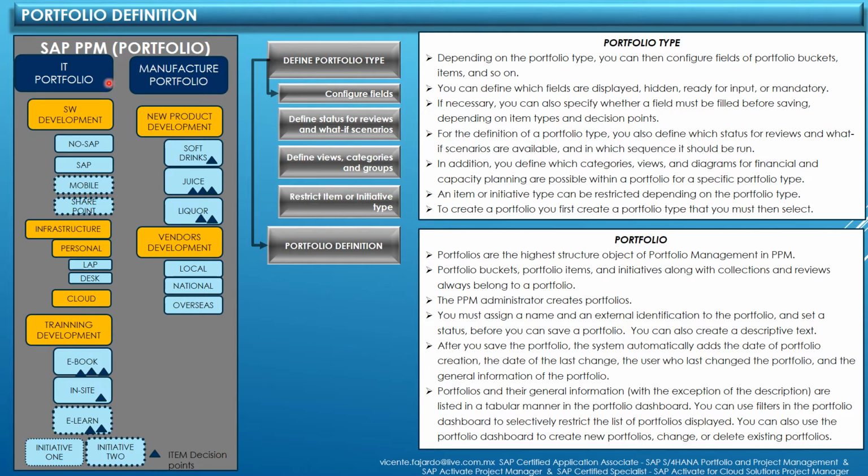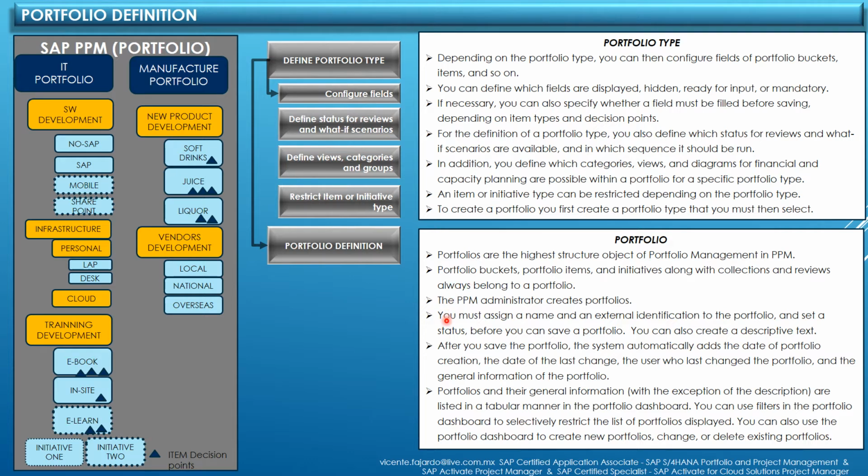As you can see in this figure, portfolios are the highest structure object of portfolio management in PPM. Portfolio buckets, portfolio items, and initiatives, along with collections and reviews, always belong to a portfolio.